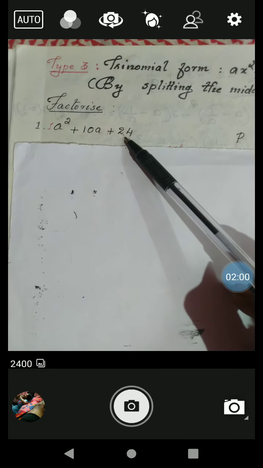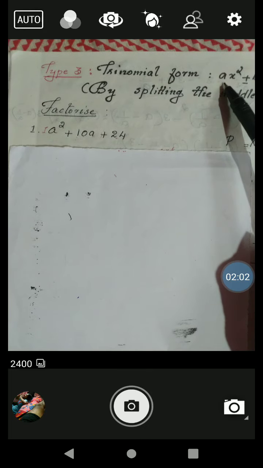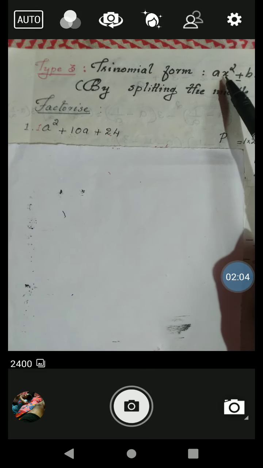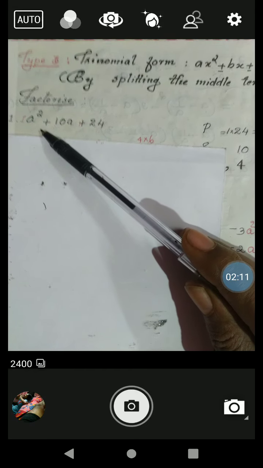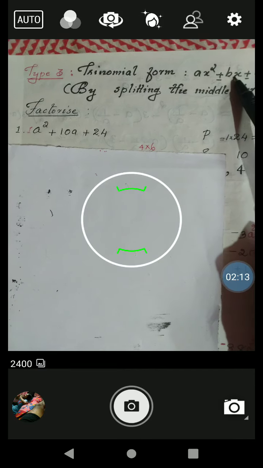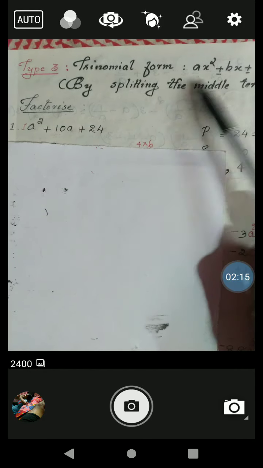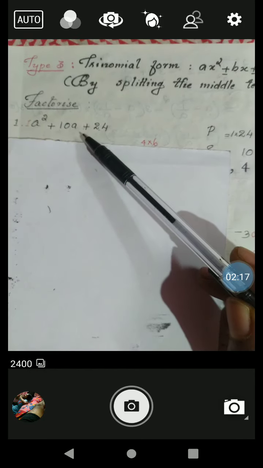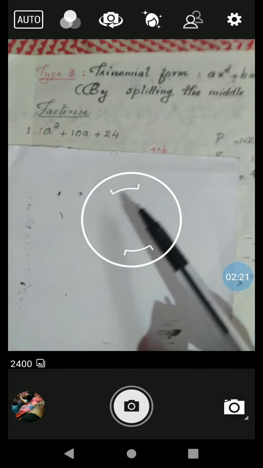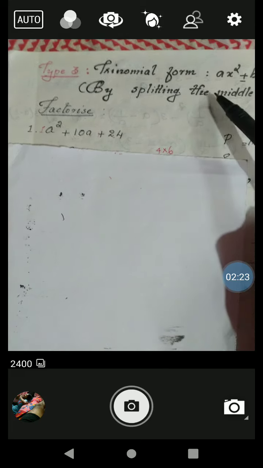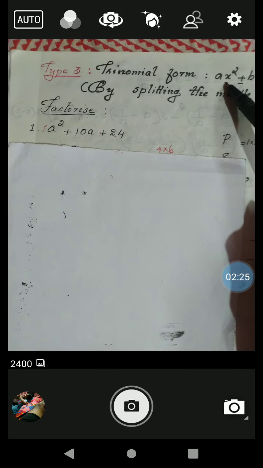Okay. Here the same form, you can see ax square. Here instead of x, the letter a is used. Therefore, if we compare these two, what will be a?